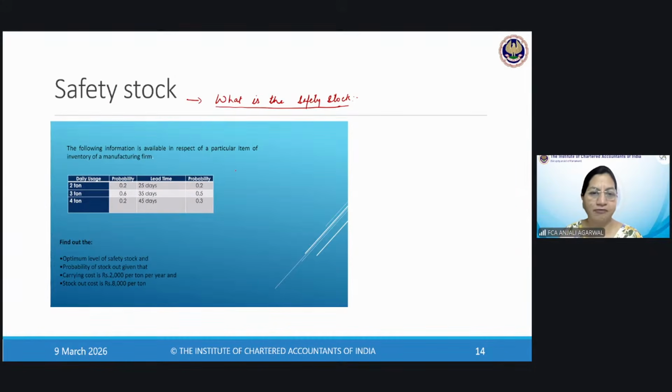So your average consumption would come using the expected value, which you learned in your quantitative aptitude. It is given by summation XI: 2 tons multiplied by 0.2 plus 3 tons multiplied by 0.6 plus 4 tons multiplied by 0.2. This is your average consumption.